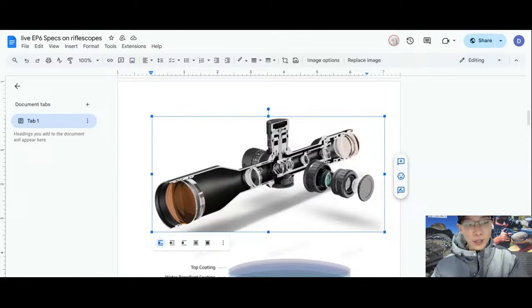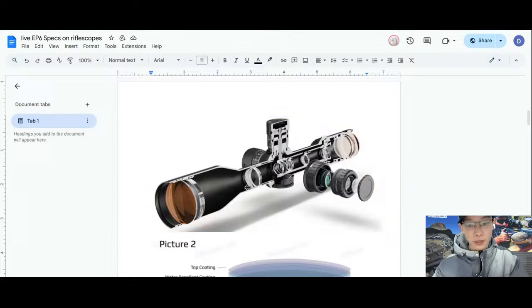If there's anything wrong with it, it would appear to mess up the reticle. For example, if a first focal plane riflescope is poorly designed, you can see so many problems when the light comes through in the reticle. The reticle can be blurry or just not as sharp and crisp. And there could be some other problems too.